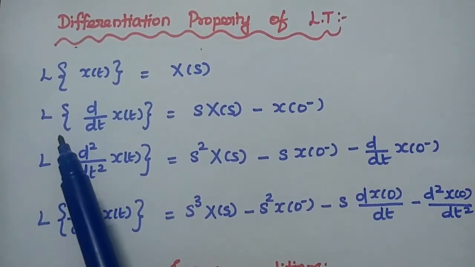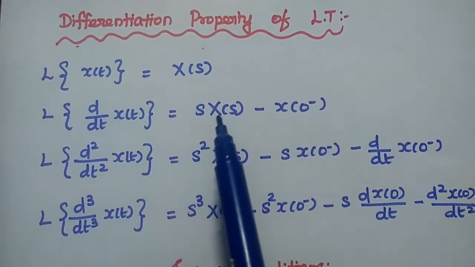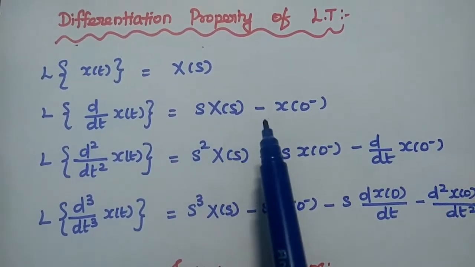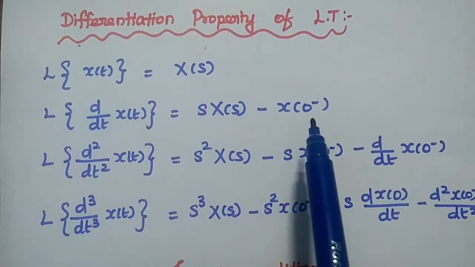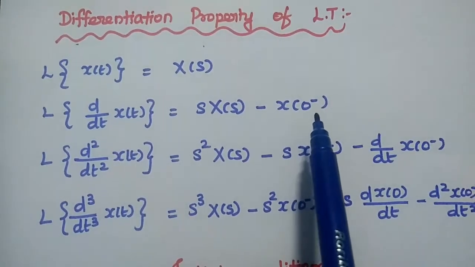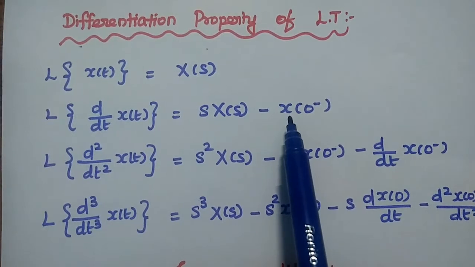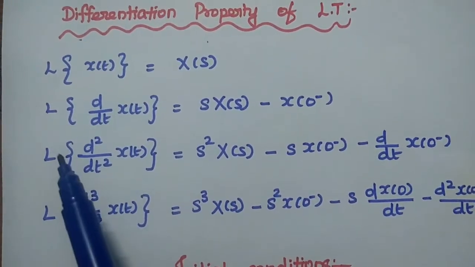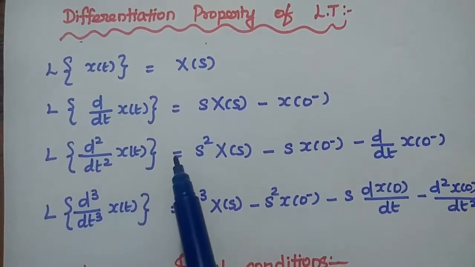Likewise, the Laplace transform of the differentiation of x of t can be written as s into X of s minus x of 0. So here this x of 0 represents the initial condition of the input signal at time t equal to 0 in time domain. That's why we mention it as small x. Okay. So next one is Laplace transform of d squared by dt squared of x of t.